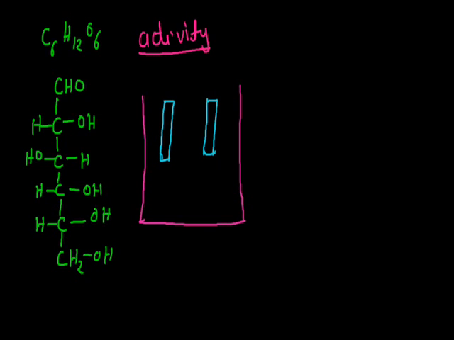Through connecting wires, both rods are connected to a battery. This one is the positive terminal, the small terminal is negative. The negative rod is called the cathode since cations migrate towards it, and this positive rod is called the anode. And we are also connecting a bulb on this side.